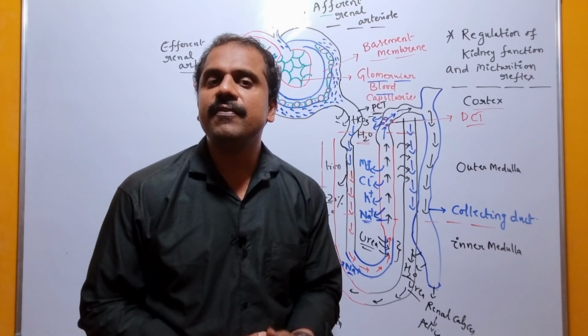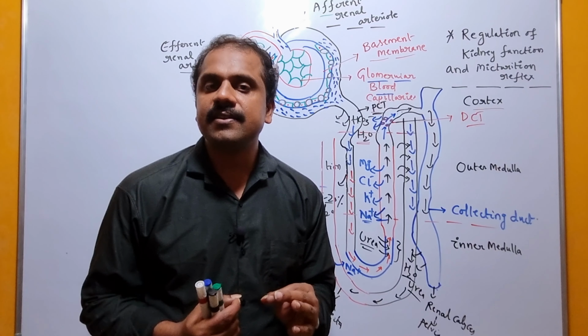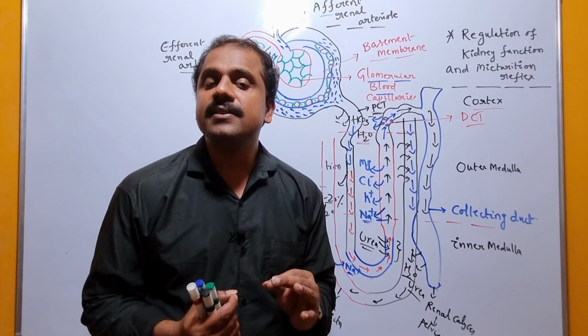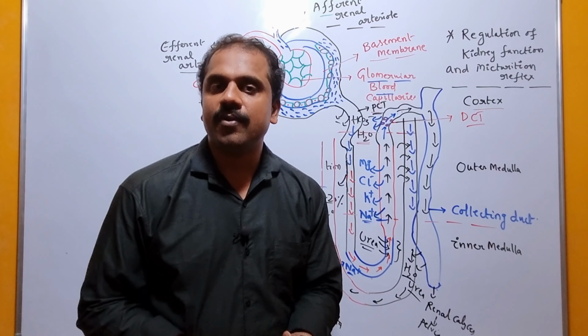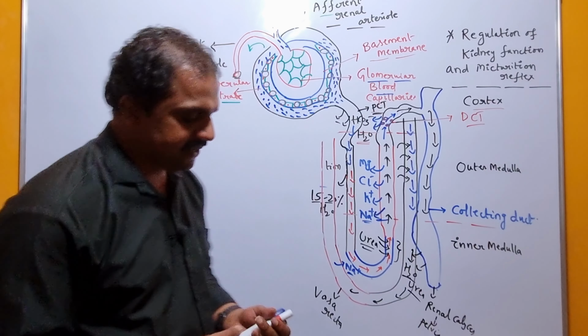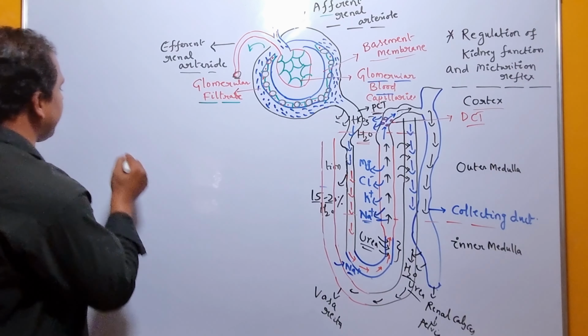The hormonal feedback mechanism of various organs like the hypothalamus, juxtaglomerular apparatus and even the heart plays an important role.